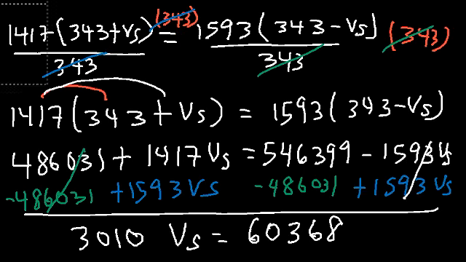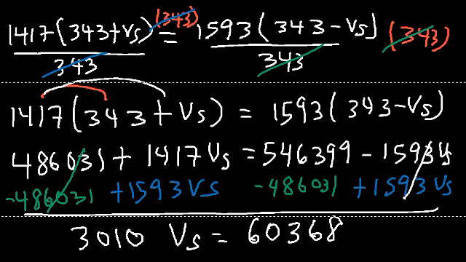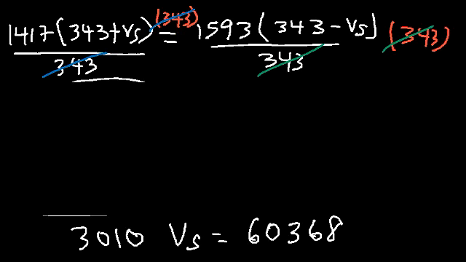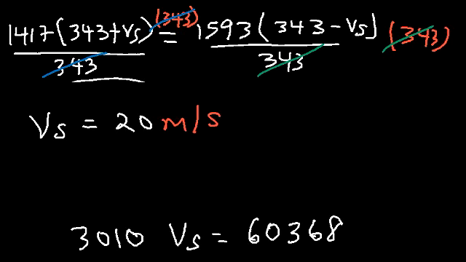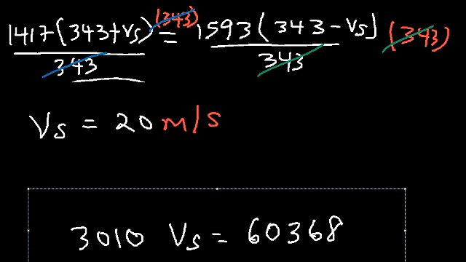So to find Vs, let's divide both sides by 3010. So 60,368 divided by 3010 gives us Vs, which is about 20 meters per second. It's really 20.06, but we're going to round it to the nearest whole number.